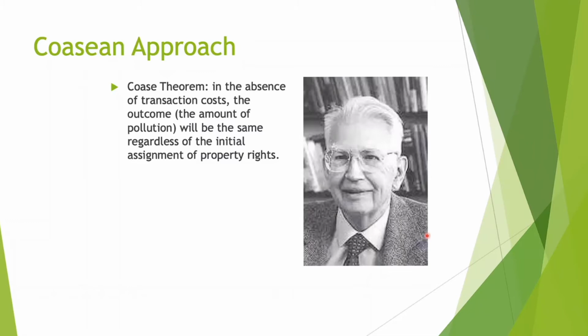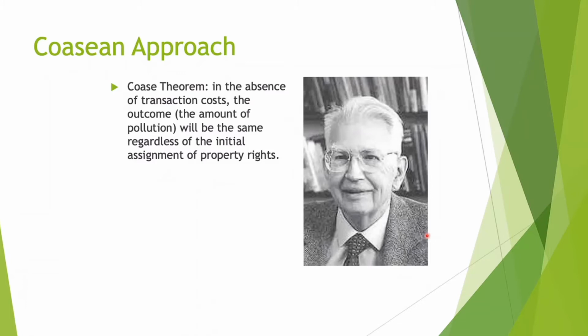He did a lot of work on things like the electromagnetic spectrum, and thought a lot about what would happen if we had a world in which transaction costs were zero. How would the outcome change? He did not really argue that transaction costs were zero. Some people say, well, in a Coasean world, and what they mean is that transaction costs are zero. That was not what Coase actually thought.